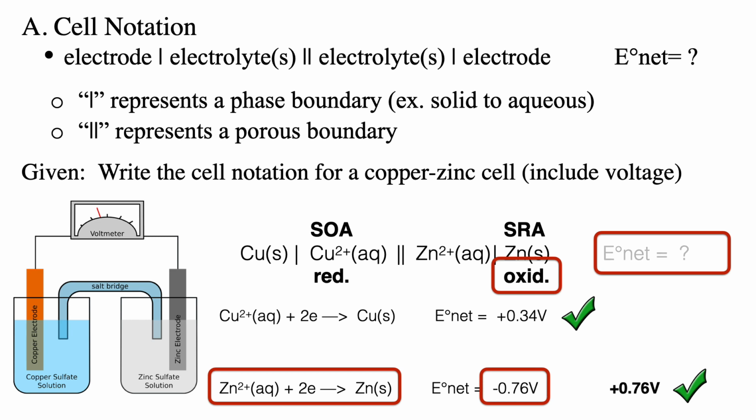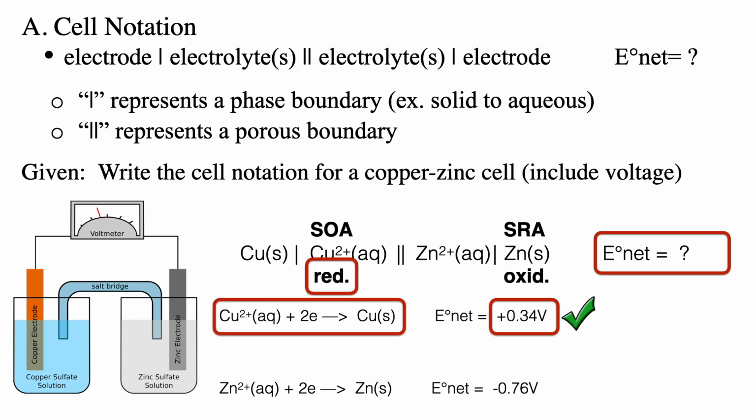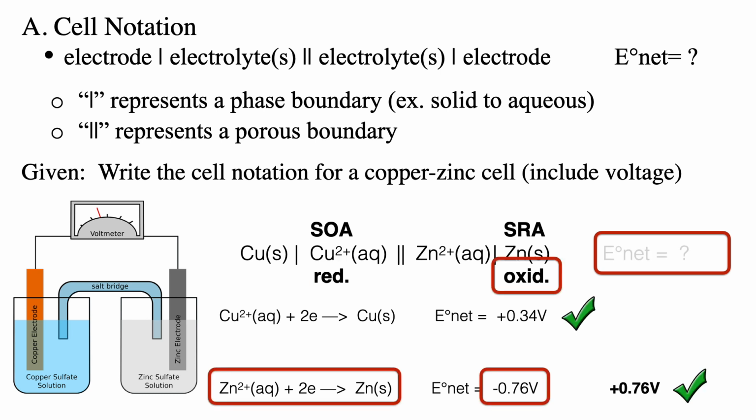Add those together, I get my net voltage. So that is cell notation. You list your electrodes, electrolytes with your lines, your salt bridge line, and then you put in what your net voltage is, and that's it. That's cell notation. I'll skip through all that.